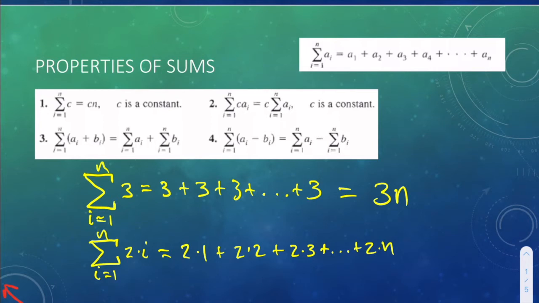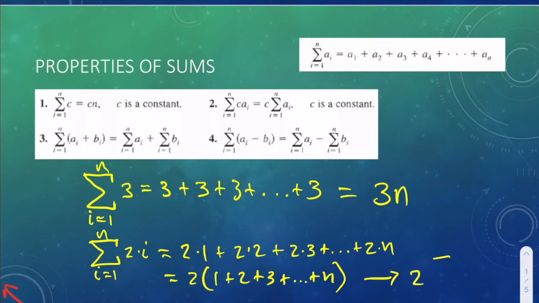Well, couldn't that just be the same as saying 2 times the quantity 1 plus 2 plus 3 plus dot dot dot plus n? Which is the same as saying, couldn't we just say instead 2 times the sum of i? So that's why we're able to just pull that out. It's just using the distributive property.